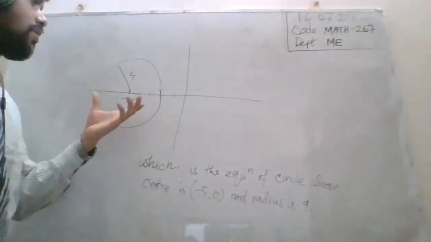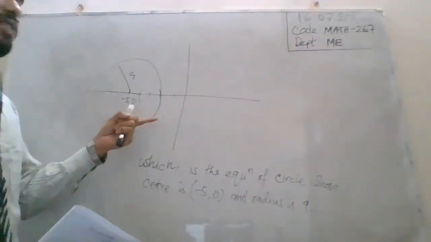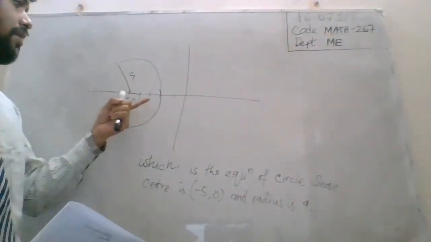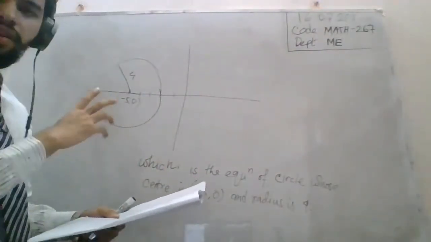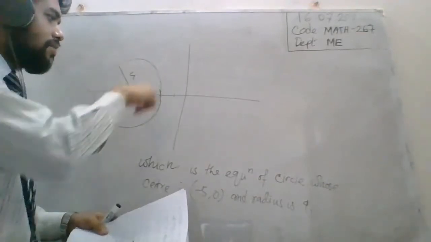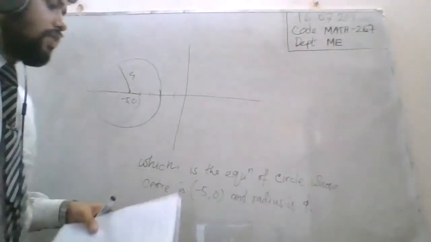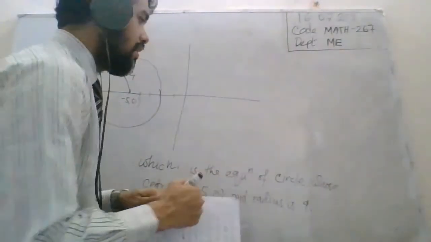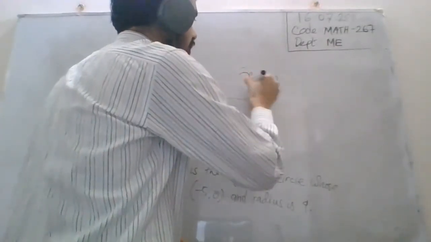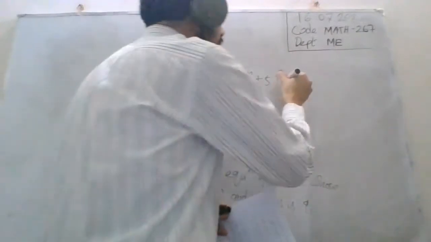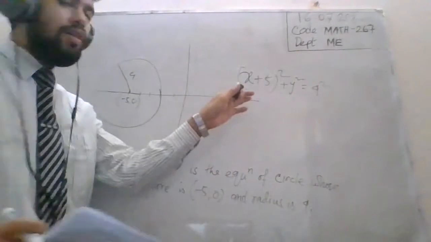The graphical representation shows us that all of the boundary points are the set of all regions. So if there is (x + 5) square plus y square is equal to 4 square, this is our required equation.